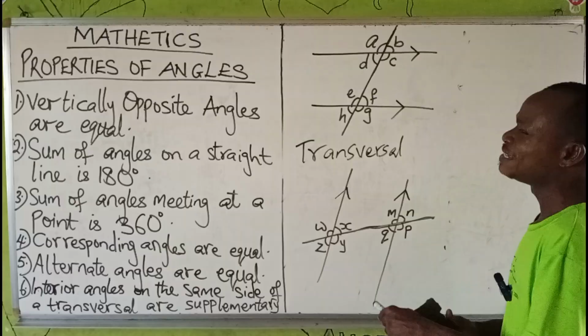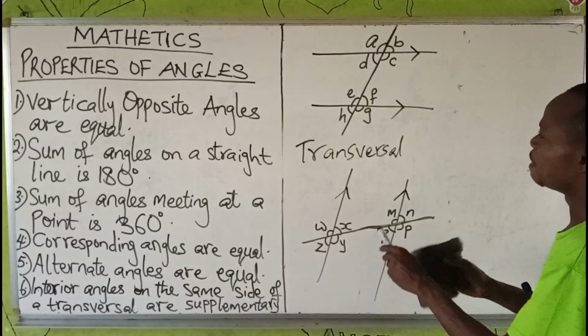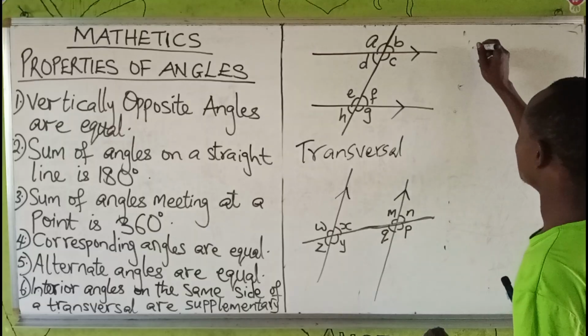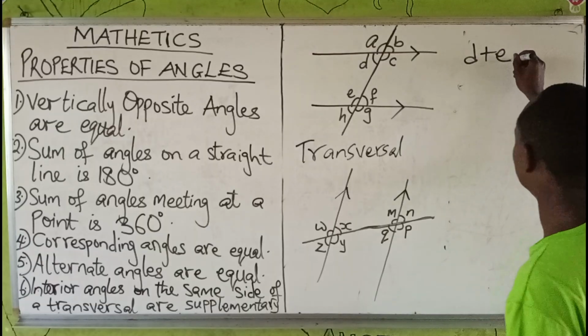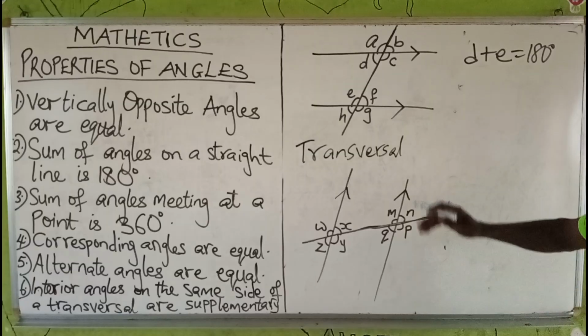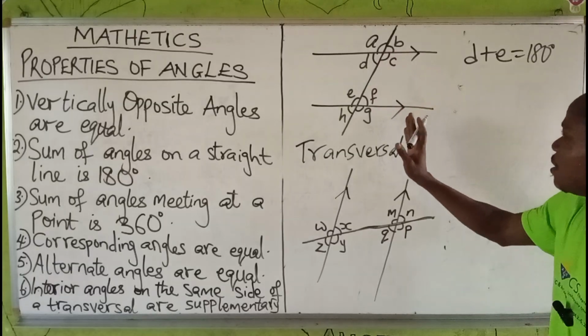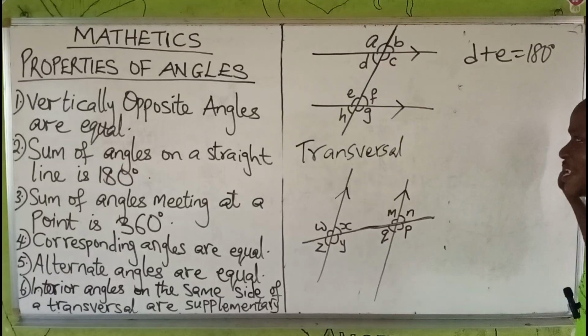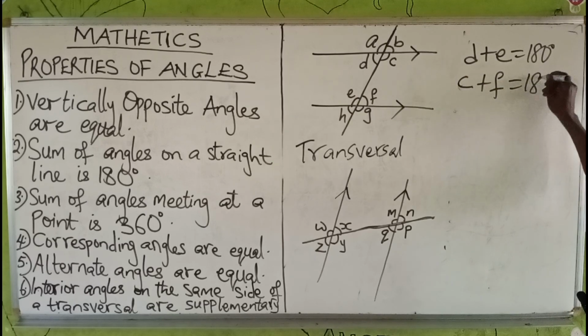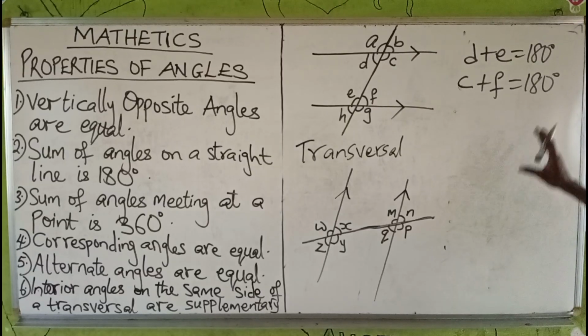Now, the ones occupying the same side, that is maybe the left-hand side, will be D and E. So we are saying that D added to E will give us 180 degrees. The same thing in the interior angles here, C and F are at the right-hand side. So C plus F are also supplementary. That means they add up to 180 degrees. So these are interior angles of a transversal.